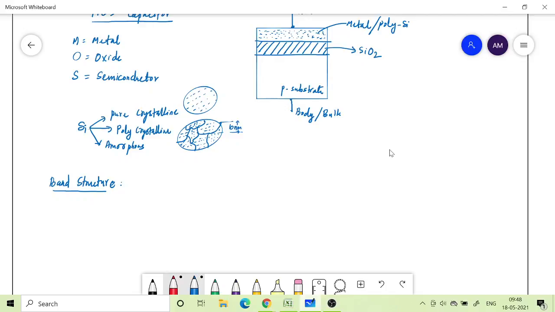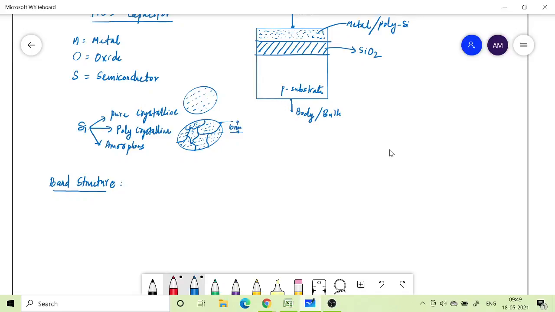Any semiconductor material or devices that you come up with can be well explained with the help of band structure. So if you have a device course, probably you might have learned it. So here, to understand the operation of a MOS capacitor, we should go to its band structure.